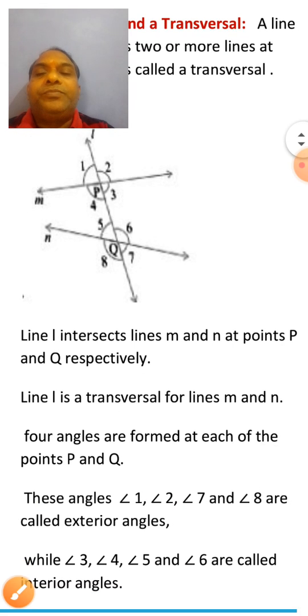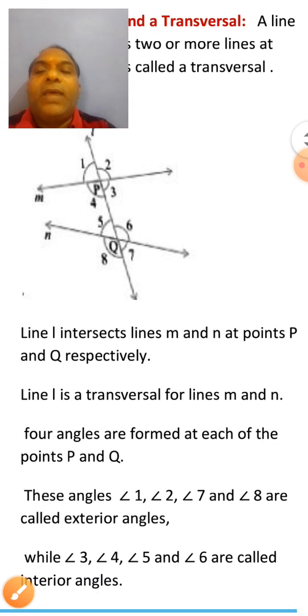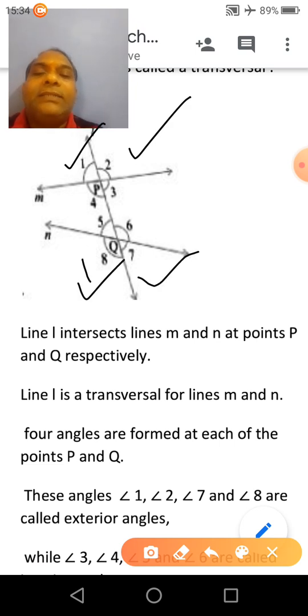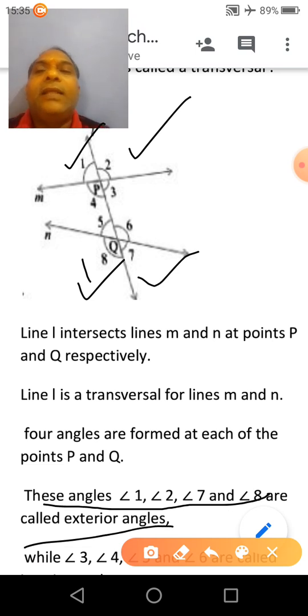Now angle 1, angle 2, angle 7 and angle 8 are called exterior angles.